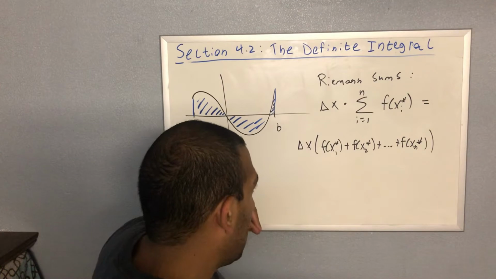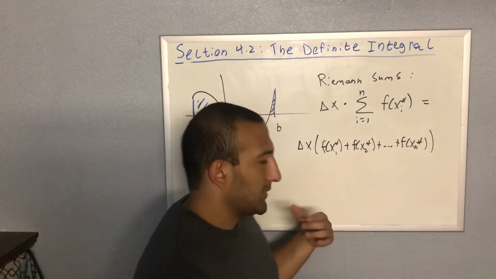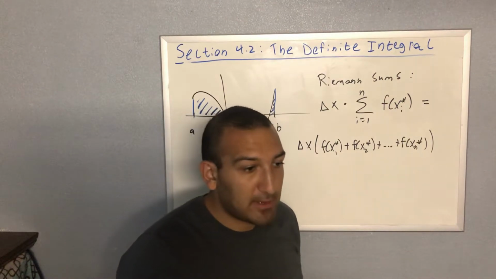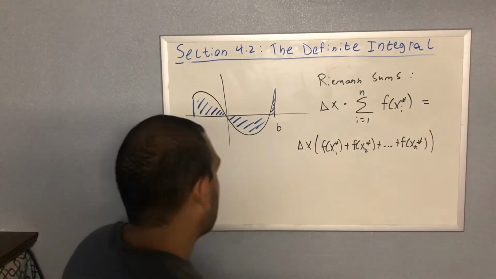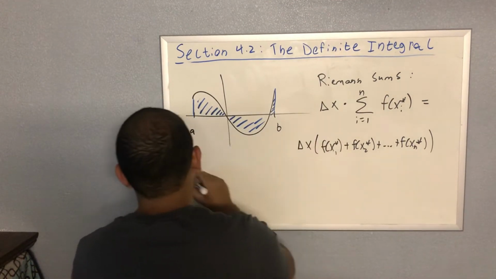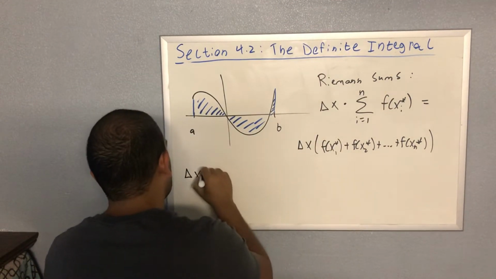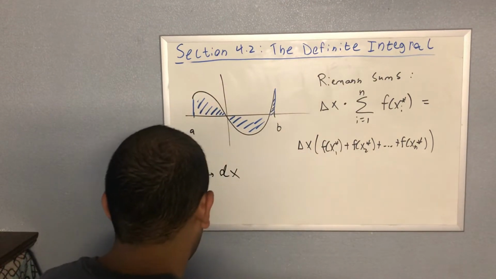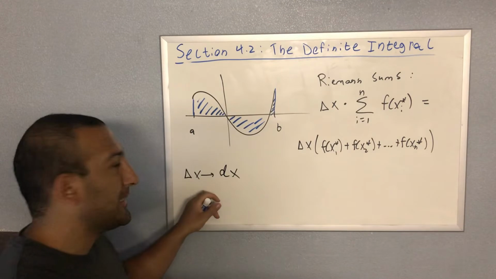And then we said, if you want to get a perfect answer as opposed to an approximate answer, we're going to let the number of rectangles become infinite. So what happened is this delta x got changed into a dx. So that's the change we see here. Delta x went to dx.